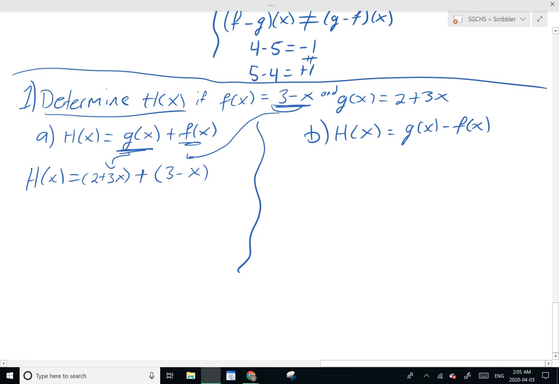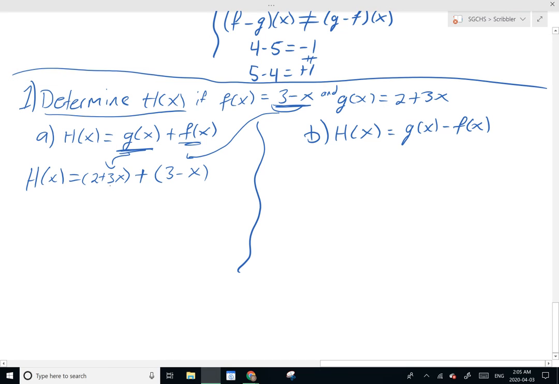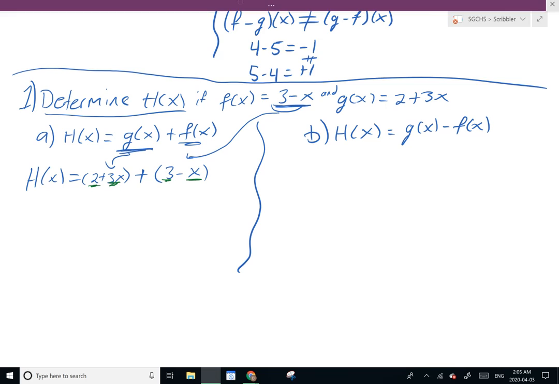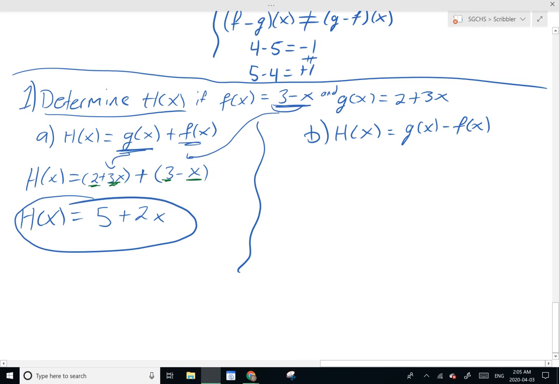Now we can simplify by combining like terms. We have x values and constants, so we can add those together. That gives 2 plus 3, which is 5, and then 3x minus x, which gives positive 2x. So there is my h of x function.